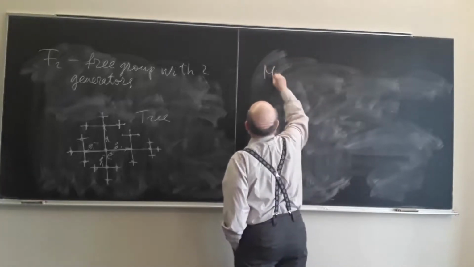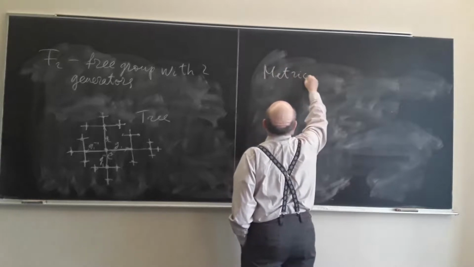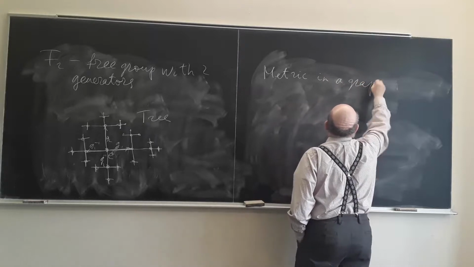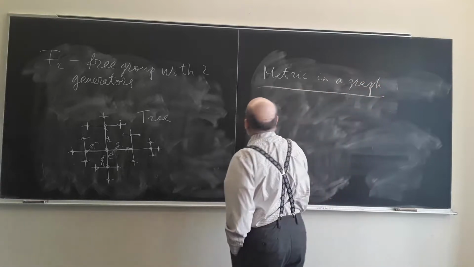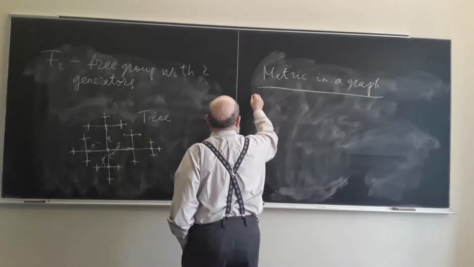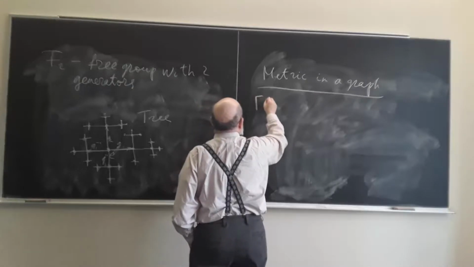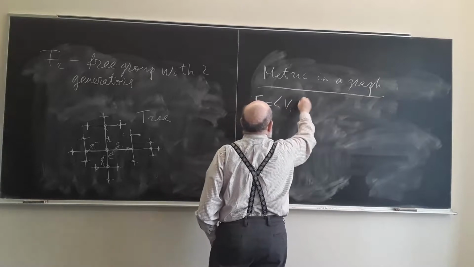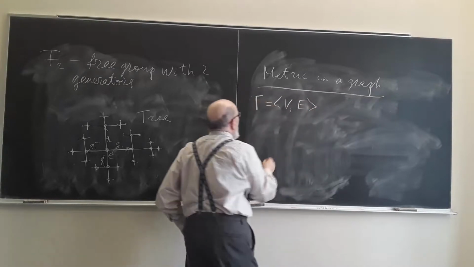So, a metric in a graph. If you have a graph, it is V and E.